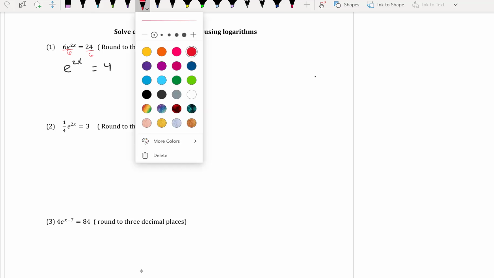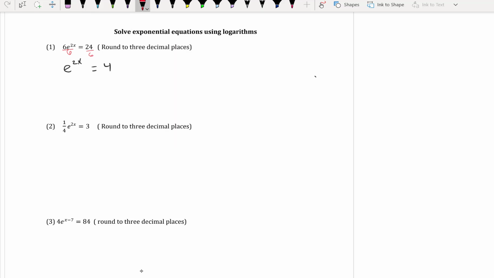Now, I can cancel out e with natural log. So I'm going to natural log both sides. That way the natural log and the e cancel, so I'm left with 2x is equal to the natural log of 4. From here, I can divide by 2 on both sides, so that x is equal to the natural log of 4 divided by 2.